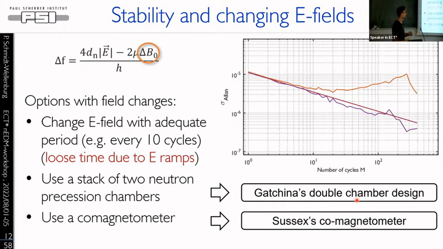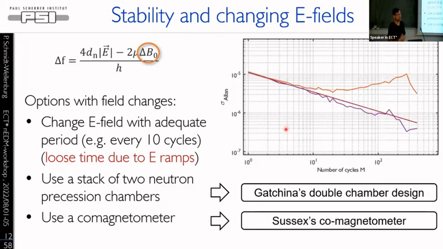And what you see here now is the stability of this delta B. And if you have perfect statistical sensitivity, you go just like a square root n law, and you get more and more stable and more sensitive. Here, that's a plot from real data, and you see that after about 20 cycles, you're at the minimum, and after that, you start to lose sensitivity because your field is drifting.